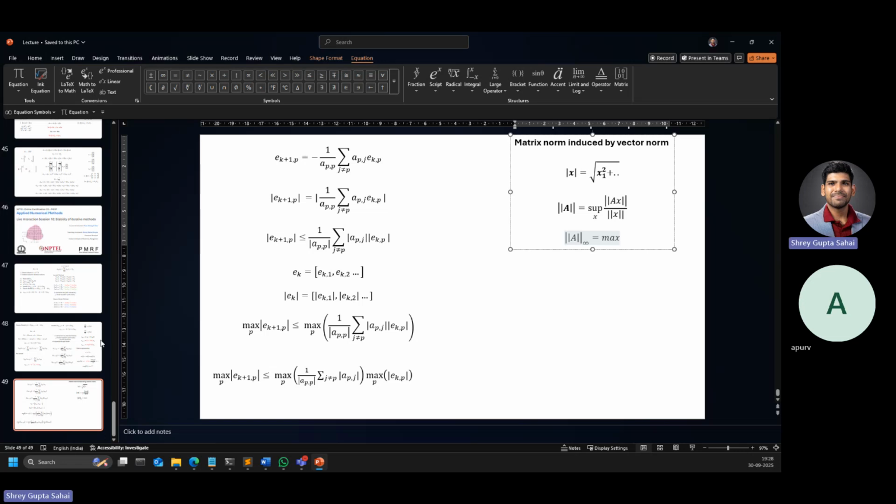How is it defined? Infinity norm is defined like this: max of P, summation.